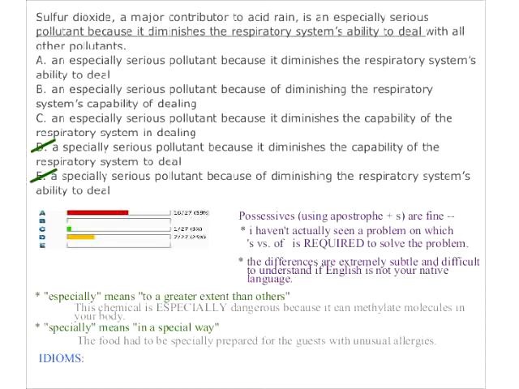The ability to deal, you don't say ability in dealing. So ability plus infinitive, ability to do something. Capability of dealing, I haven't really seen capability with any sort of prepositional phrase after it.